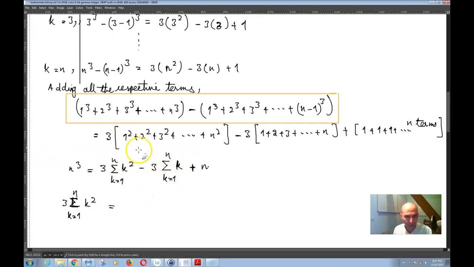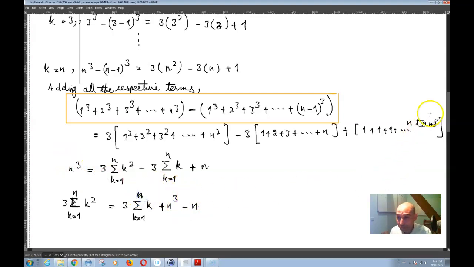So that's positive 3 times sigma k as k goes from 1 to n, and then plus n cubed, and this is already over there, minus n.